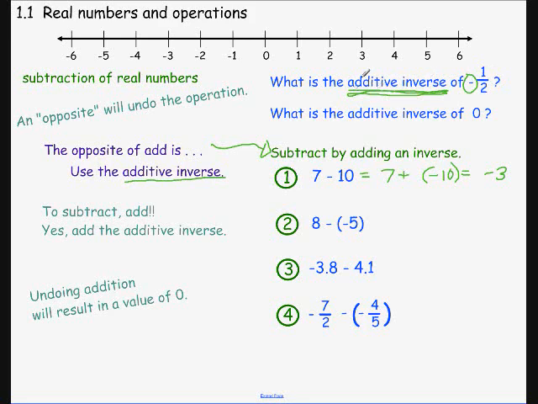But this is not multiplicative, this is additive. So the only thing that's changing is the sign. This is going to be a plus 1/2. Here's a tricky one. What's the additive inverse of 0? Well, didn't we just say that 0 is neither plus or minus? So the additive inverse of 0 is 0.